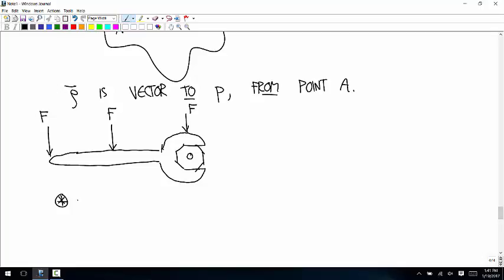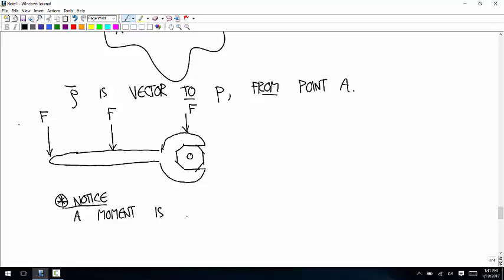One thing to keep in mind, it's easy to forget this in 2 dimensions, is that a moment is a vector. And a lot of times we're going to write it like it's a scalar in 2 dimensions.